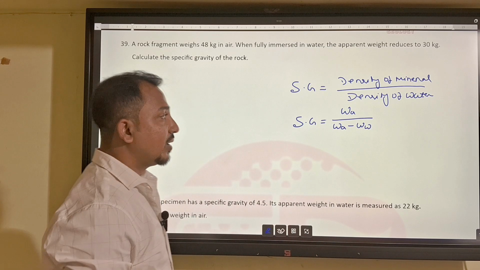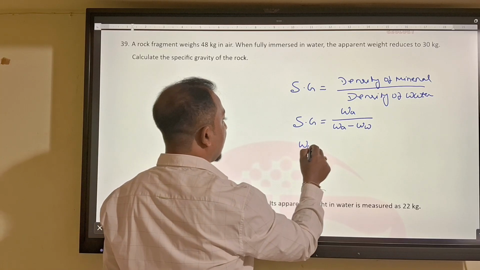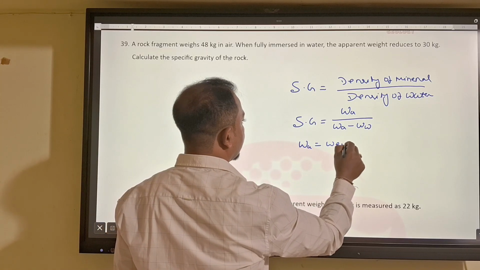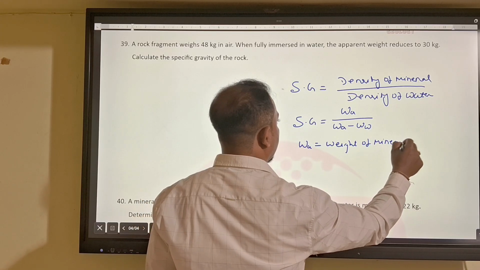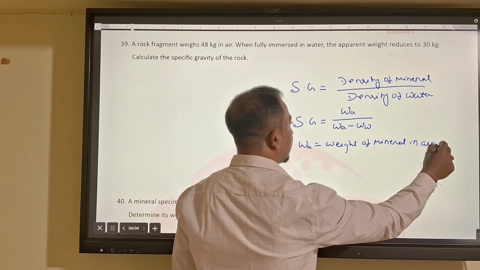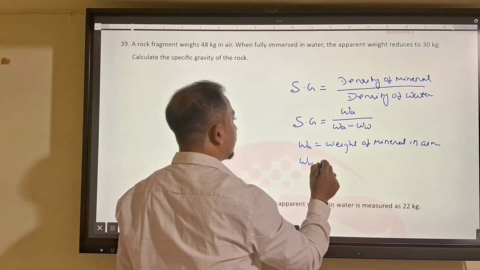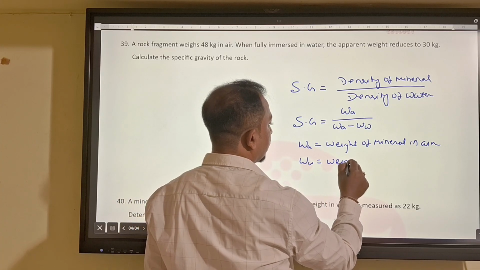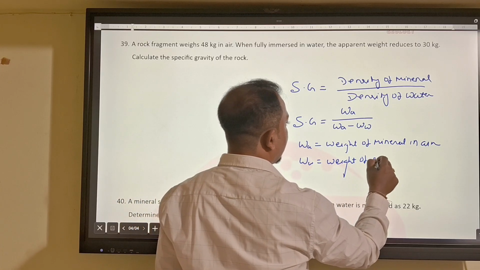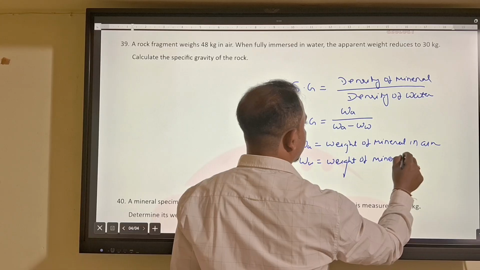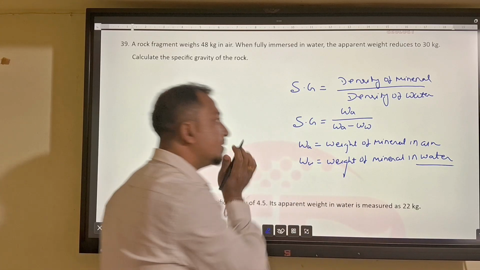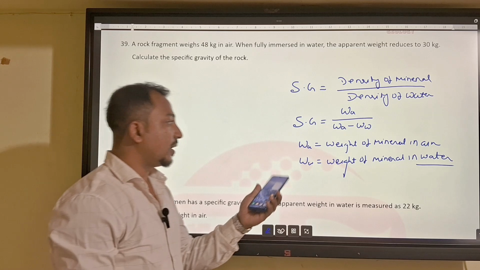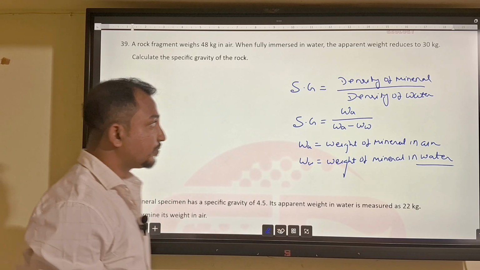Or you can also calculate it by this formula: weight of mineral in air and weight of mineral in water.